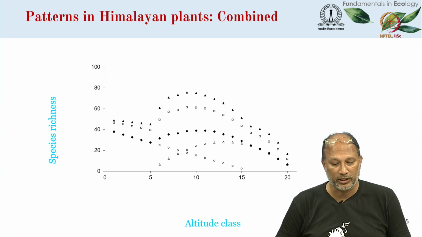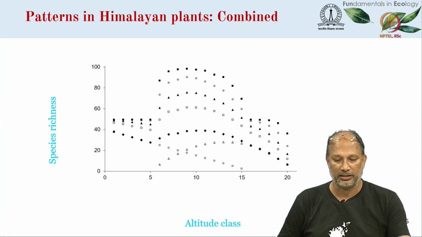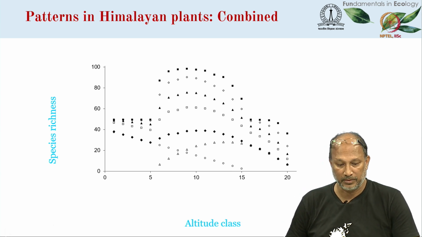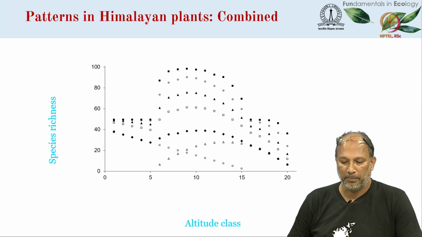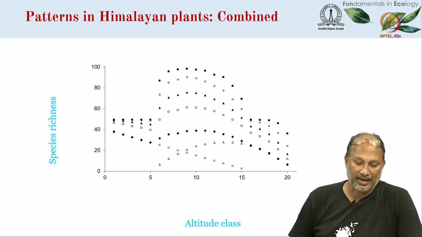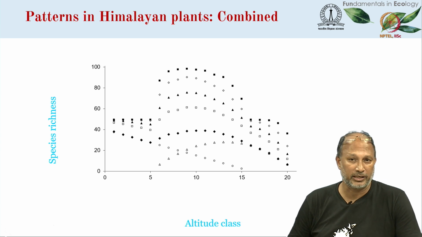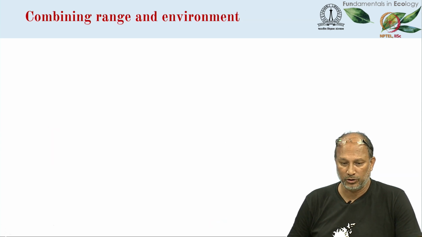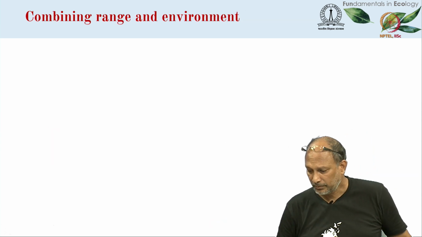You combine these two, and you still get, at the largest scale, a sort of mid-domain effect, but perhaps a little bit skewed towards the left, towards the southern elevations, which is actually the pattern that you see in nature over there.